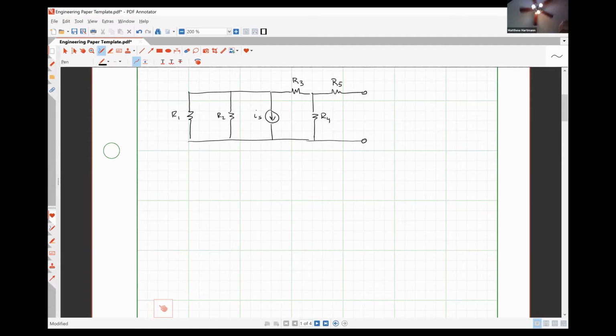So we're going to have to actually put in values, I guess, if we're going to go with this. R1 and R2 for me are 17.5 ohms.